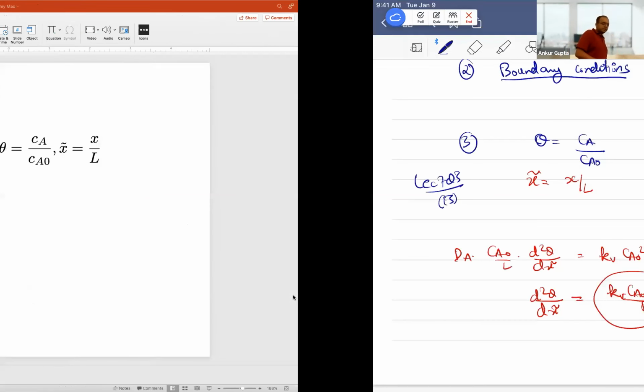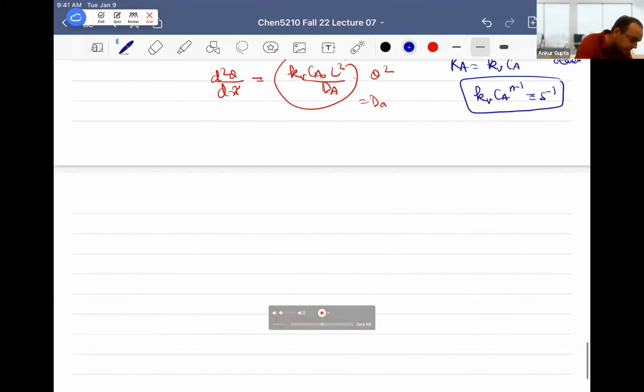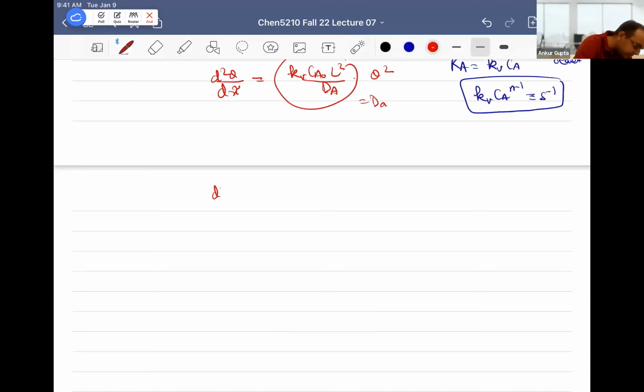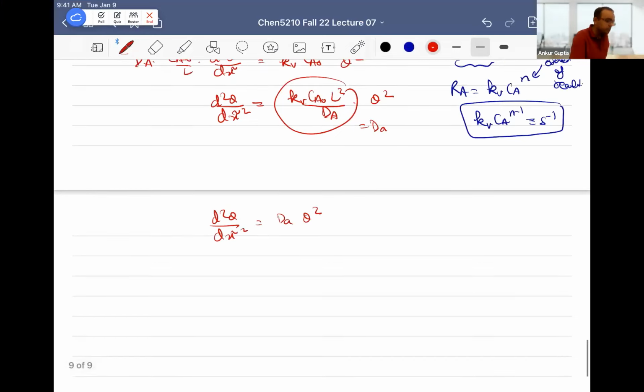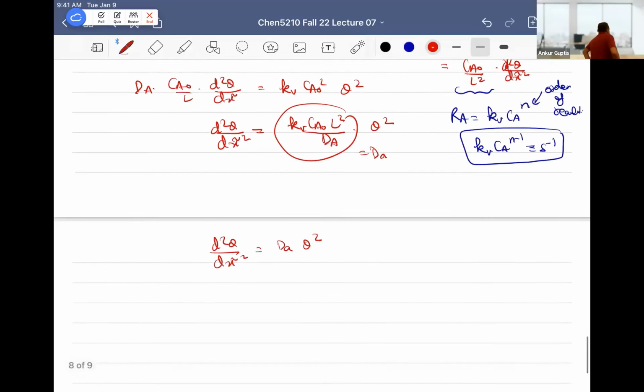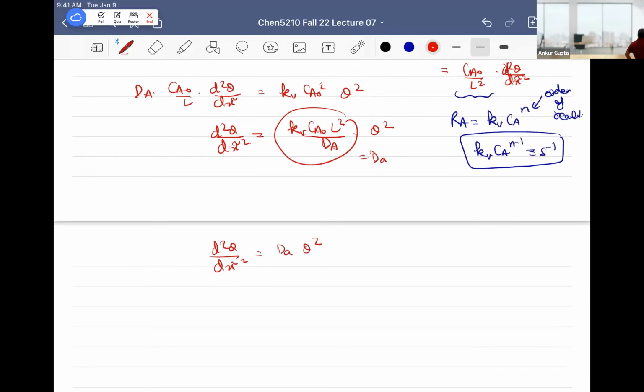Okay. So we get this, and so we have the equation d square theta by dx square is Da theta square. When I say the reaction rate is much, much smaller than the diffusion rate, what should be the limit on the Damköhler number? It's very small, right? So the Damköhler number is very, very small.